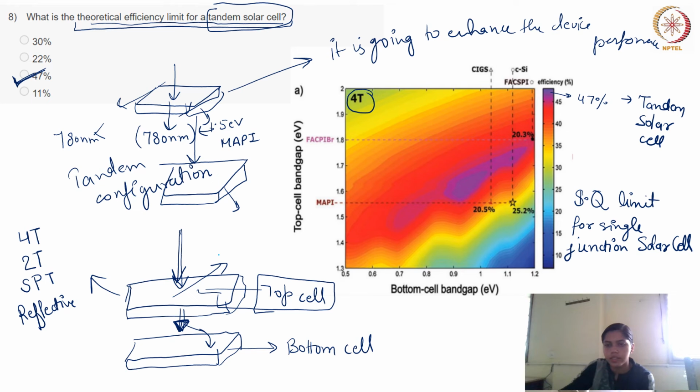Anyone? You can write your answer in the chat box. What is this SQ limit, the Shockley-Queisser limit for the single junction solar cell? Anyone?